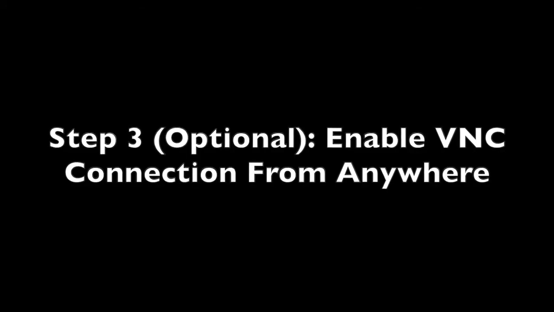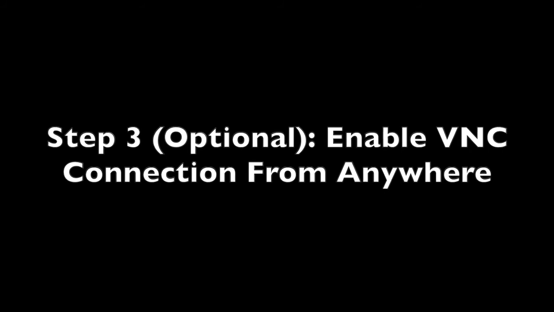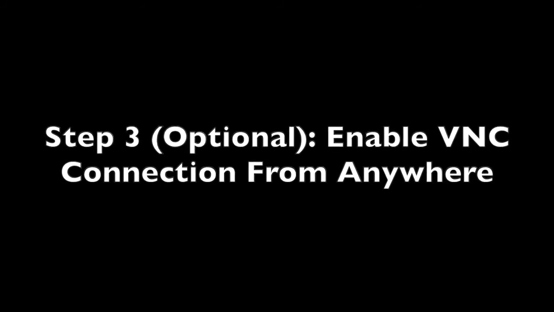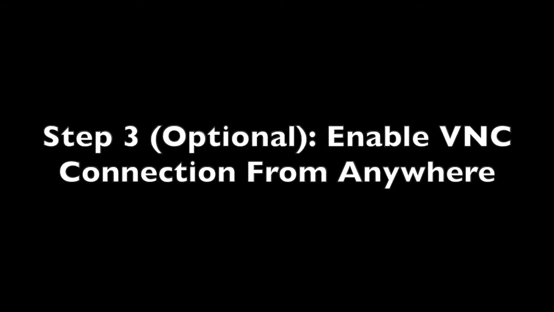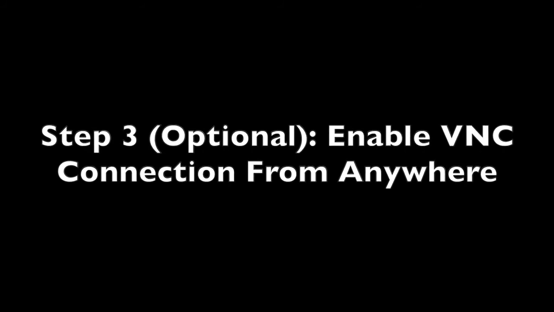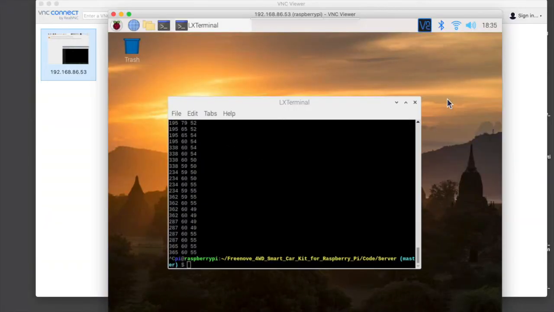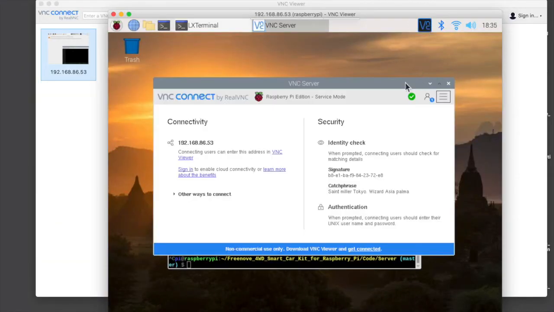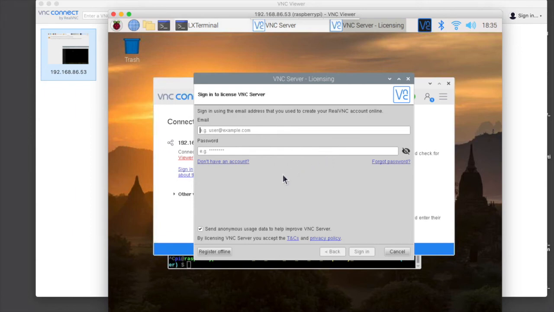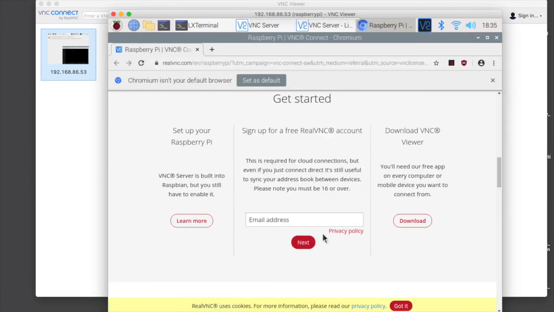Not only can we connect to our Raspberry Pi from the same network, we can actually do it from anywhere on the internet. To do that, we need a VNC Connect cloud account. On Raspberry Pi server, we can go to realvnc.com to register a VNC Connect cloud account by entering our email address here.